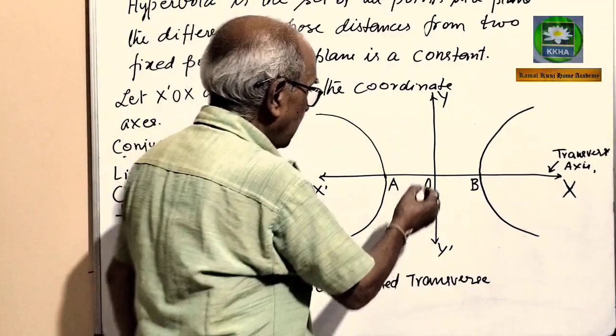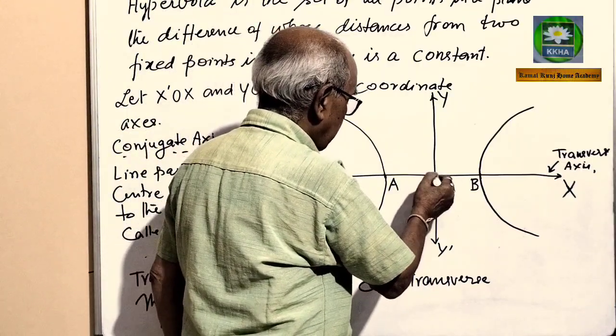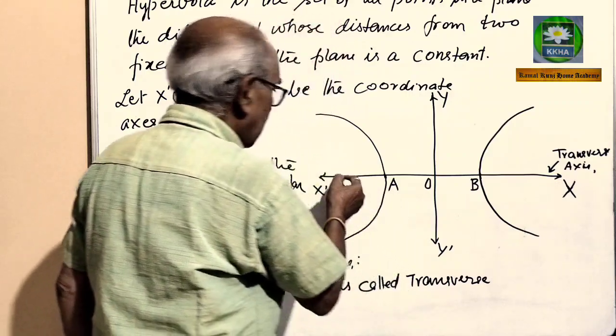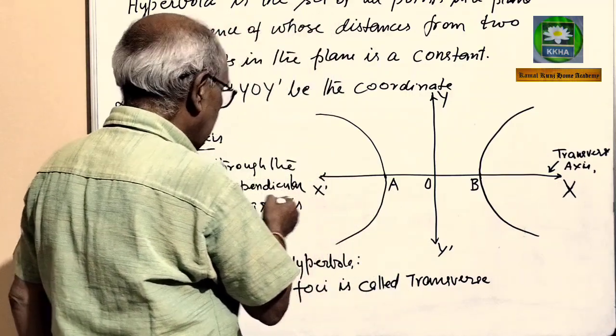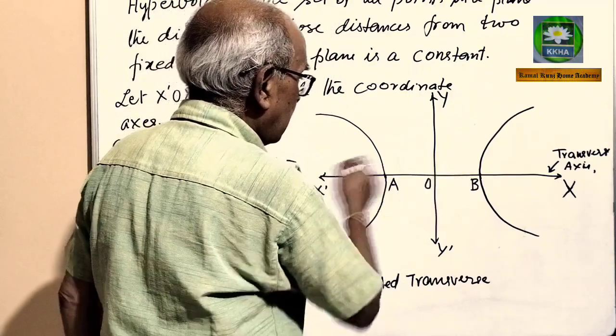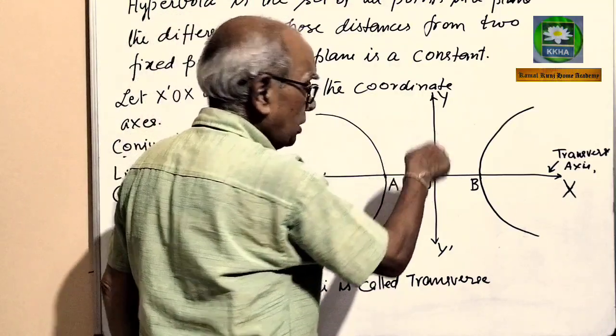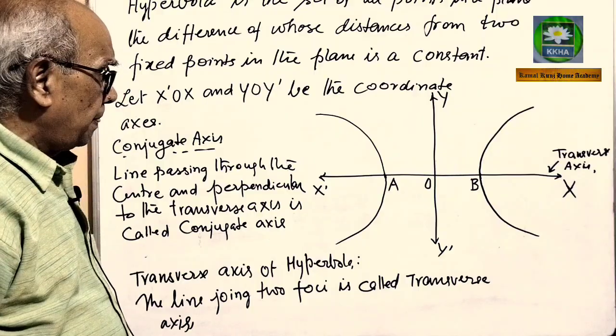So if the origin is taken as center, then the transverse axis is along the x-axis and the conjugate axis is along the y-axis.